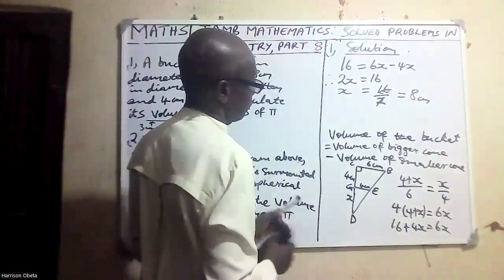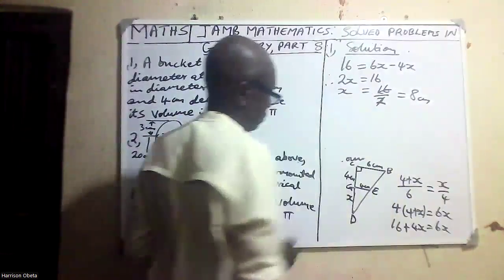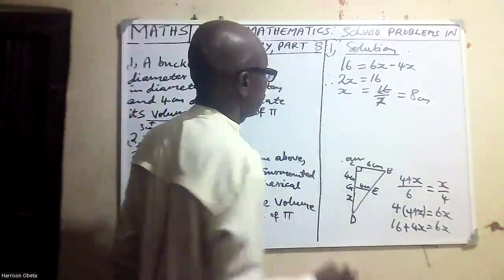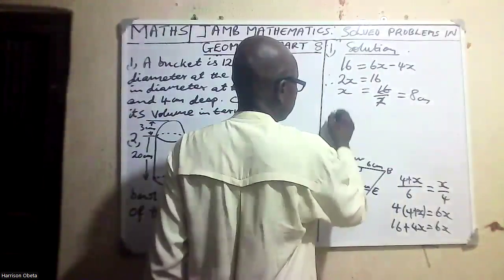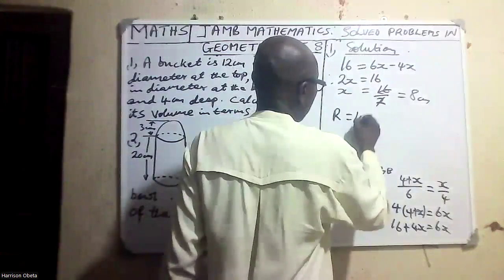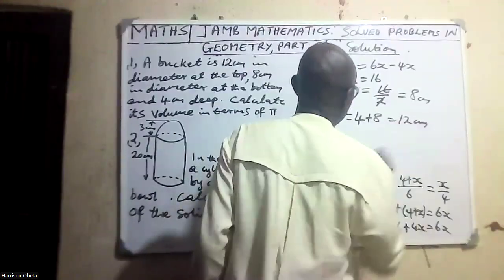So, moving on now, we have our big R to be 4 plus 8, which is 12 cm.